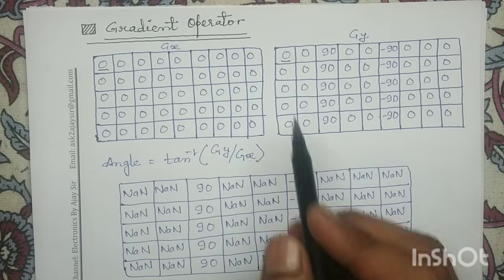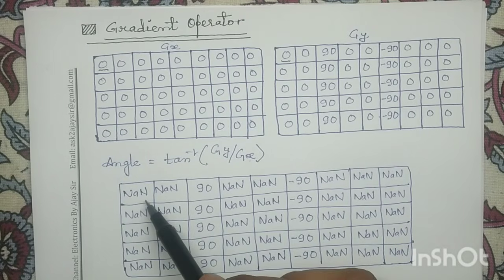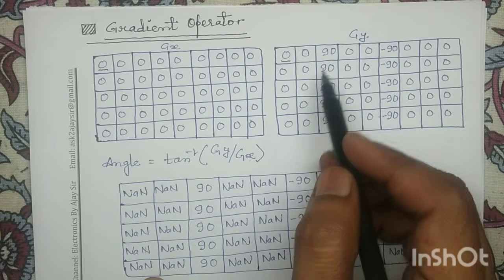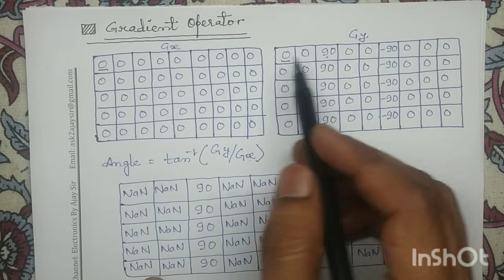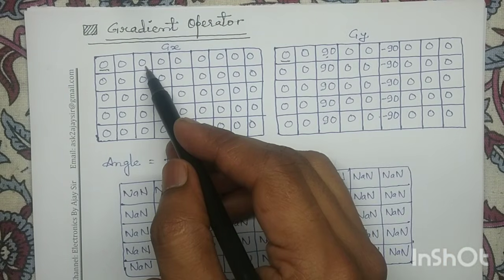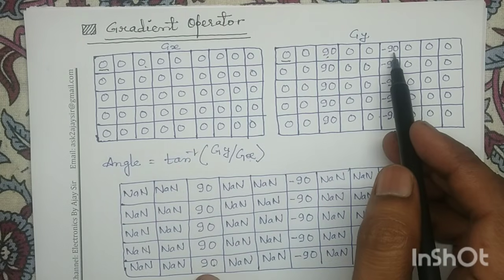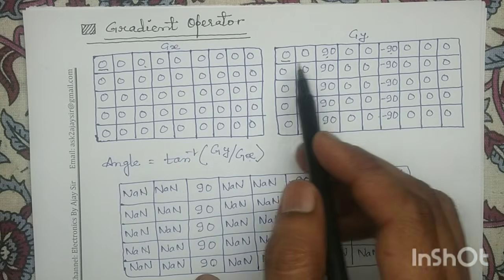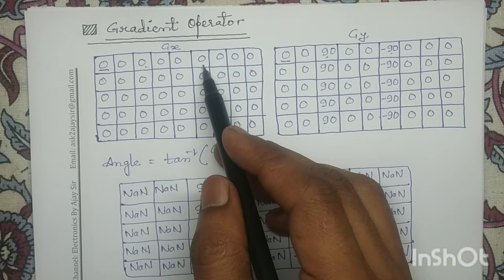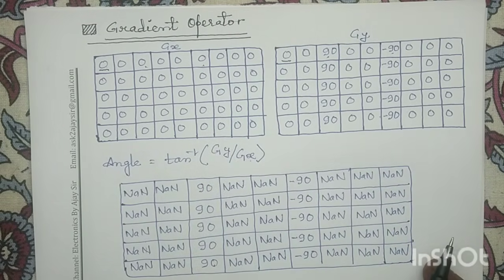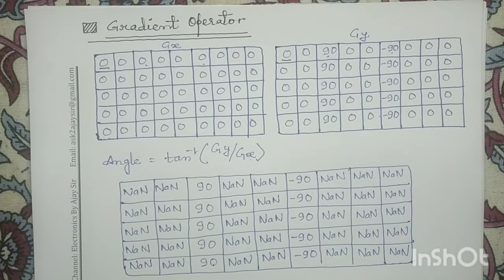In MATLAB 0 by 0 is undefined, so here I have written NaN. Similarly, tan inverse 90 by 0 in MATLAB gives you the response 90 degrees, and similarly tan inverse minus 90 by 0 in MATLAB gives you the angle minus 90, so here I have written minus 90. So other than the magnitude matrix we can determine the angle matrix also.